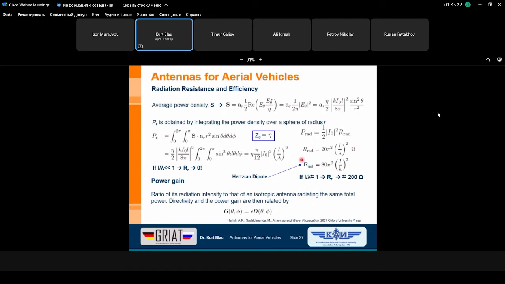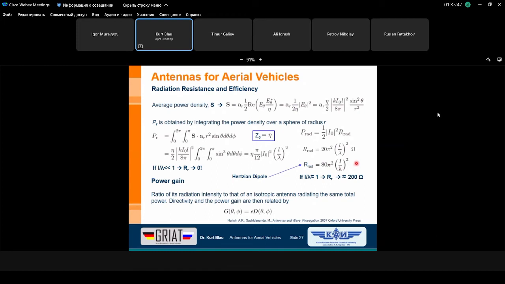And you can see both expressions differ by a factor of 4. But okay, this is literature, and it's not a problem to think about, because in practice you never can realize a Hertzian dipole. It's only for explanation.